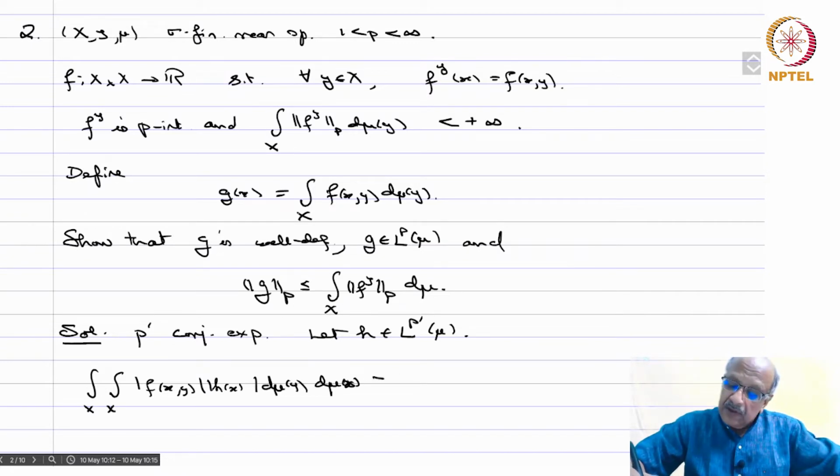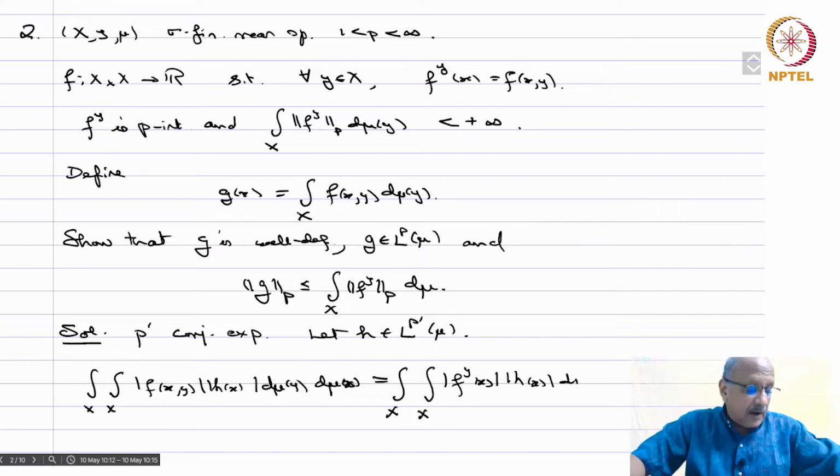So everything is non-negative, so you don't have to worry too much. So this is integral over X of |f_y(x)| |h(x)| d mu(x) d mu(y).